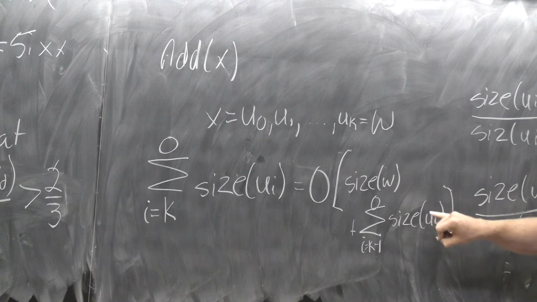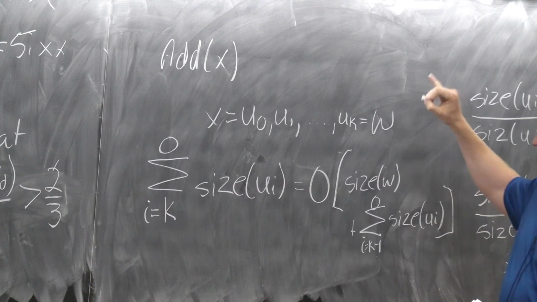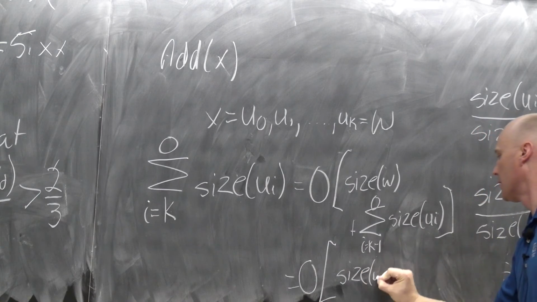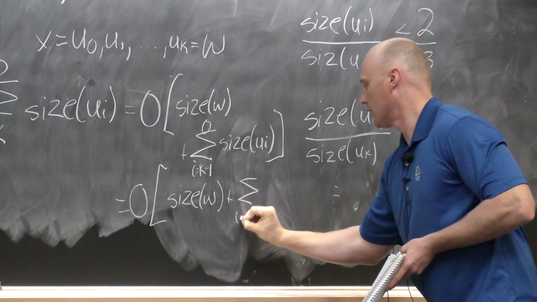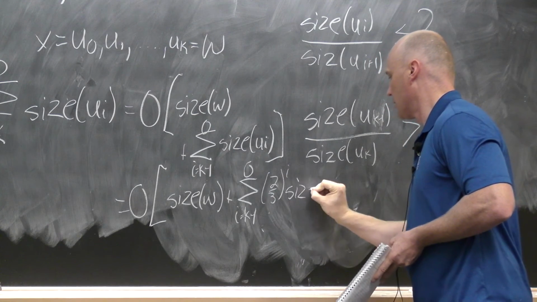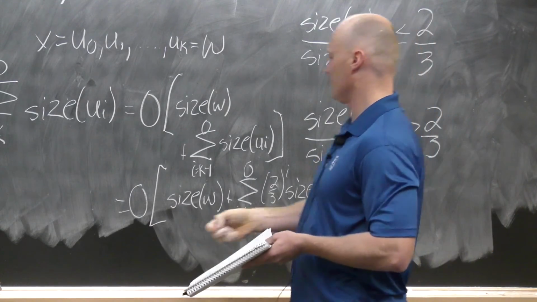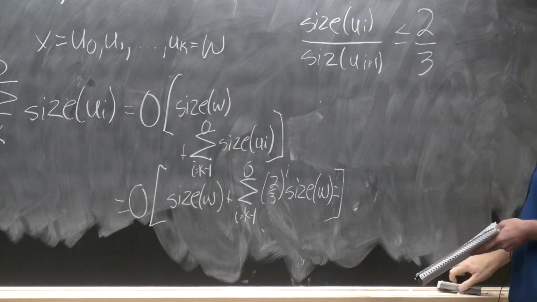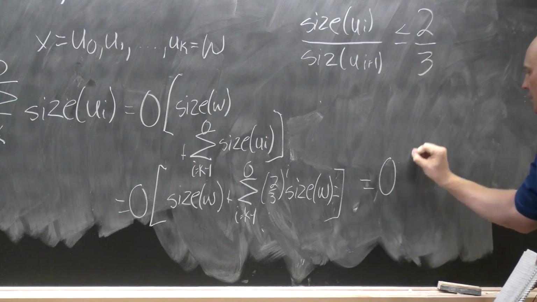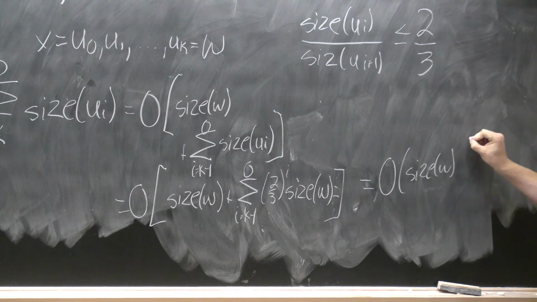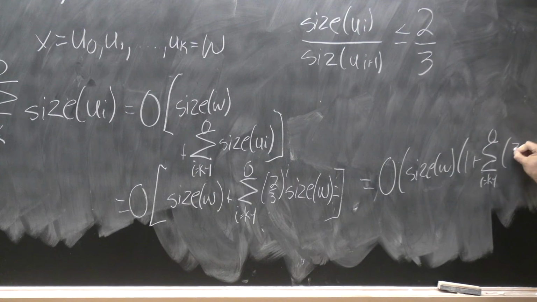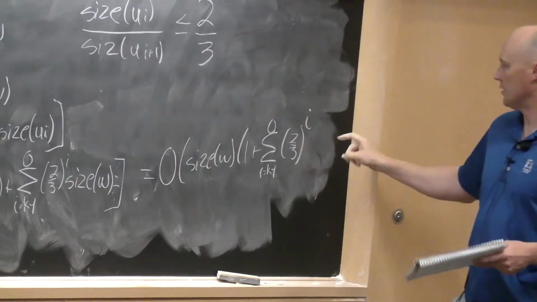The size of the first child of w is at most the size of w, and given that each one is at most 2/3 of the previous one, we get at most the sum of two-thirds to the i times the size of w.